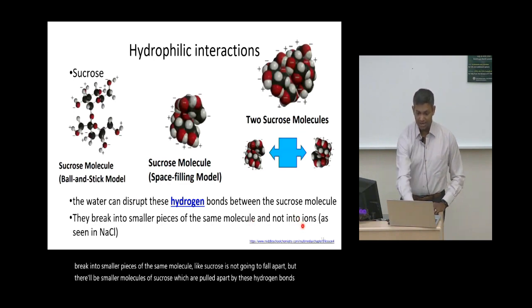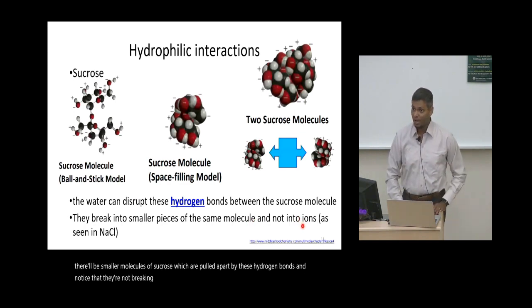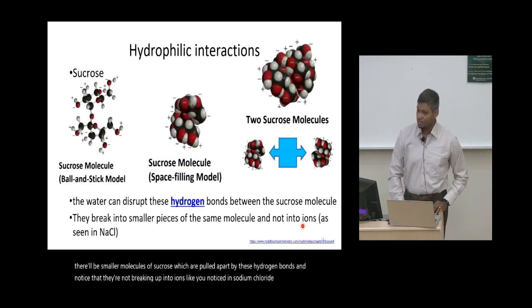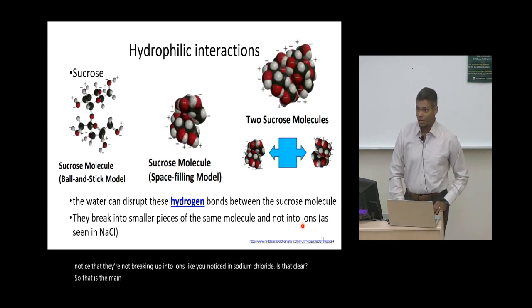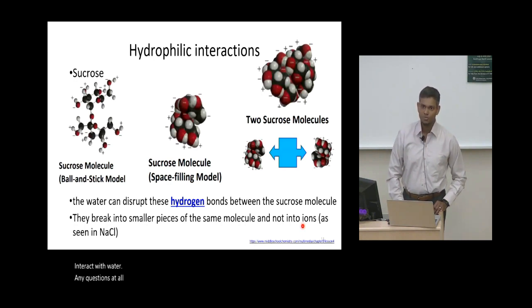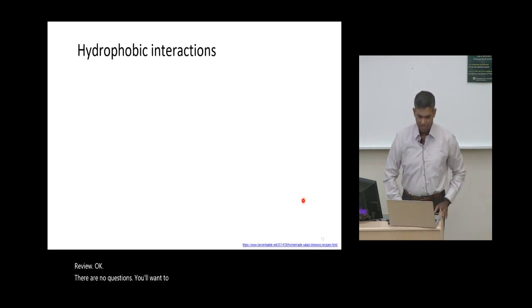And notice that they are not breaking up into ions like you noticed in sodium chloride. Is that clear? So that is the main difference between polar substances and charged substances when they interact with water. Any questions at all? Should we review? Okay. If there are no questions, we'll move on to hydrophobic interactions.